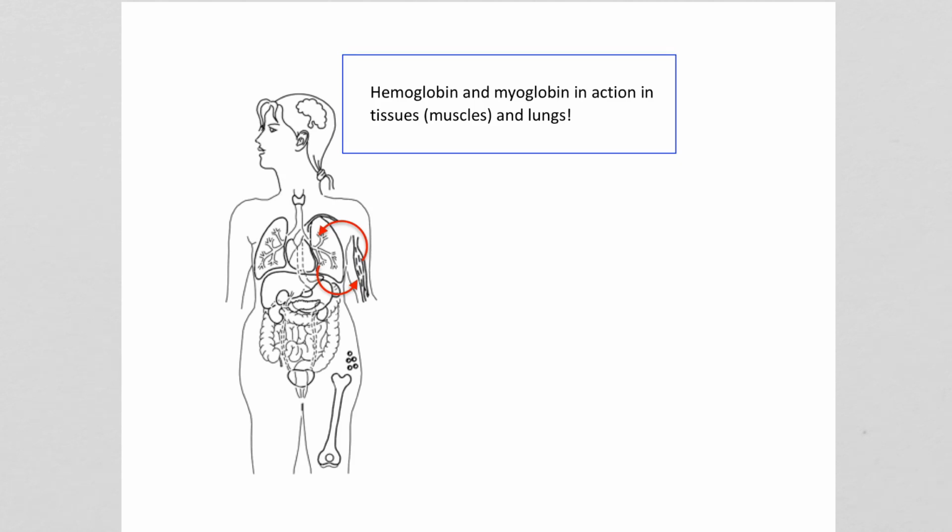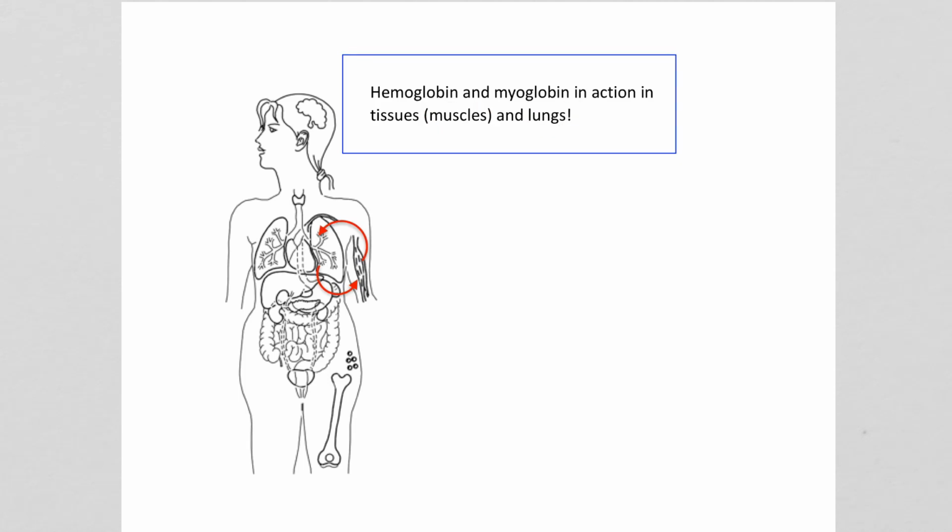In order to understand the functions of these proteins, we will consider two organs, the lungs as well as tissues, and an example of tissue that we'll use in this video would be muscles. Let's say the skeletal muscles.